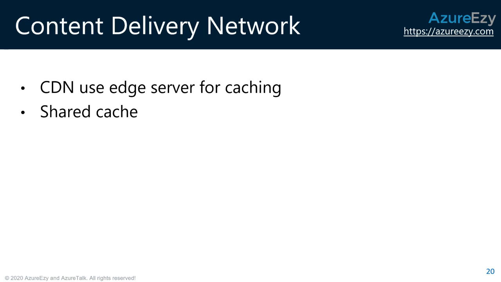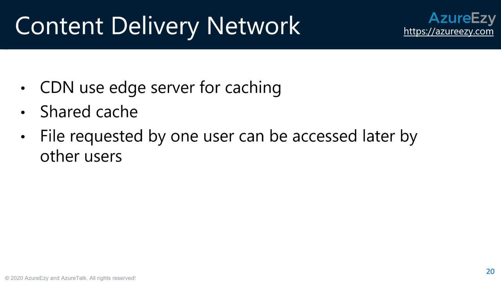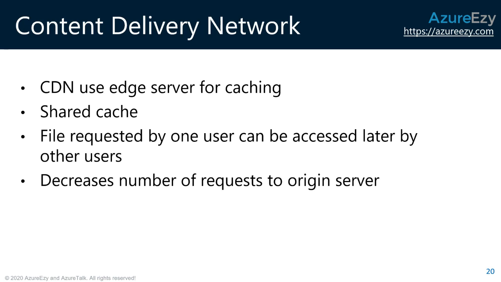Because of that, the cached content can be shared between the users. For example, one file which is requested by one user and cached on the edge server, later on the same cache can be used by another user as well. What other thing will happen in this case?